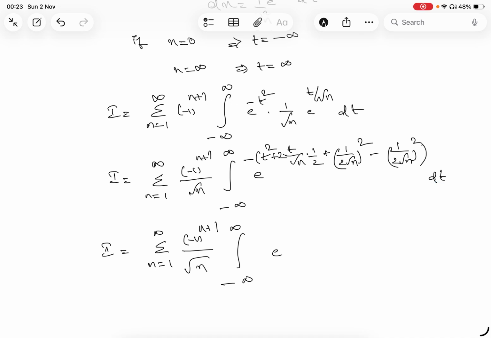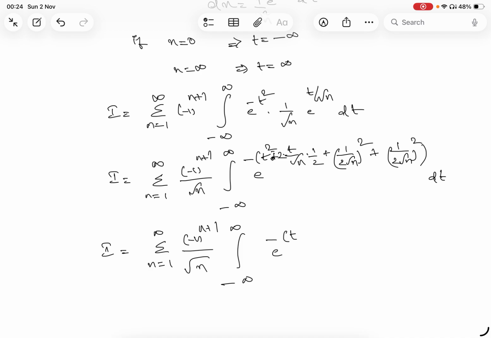This will be e power minus of t square, and since you have taken minus out of the exponential part, minus minus will become plus t by root n. Fine. That was a small mistake.